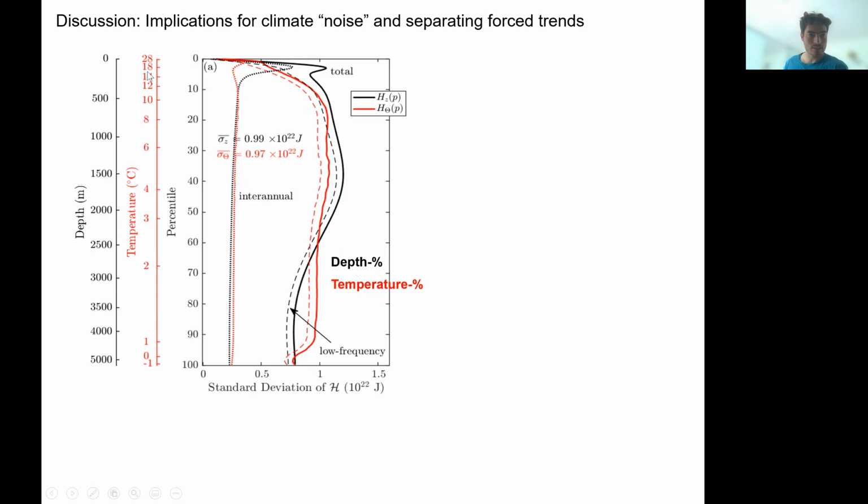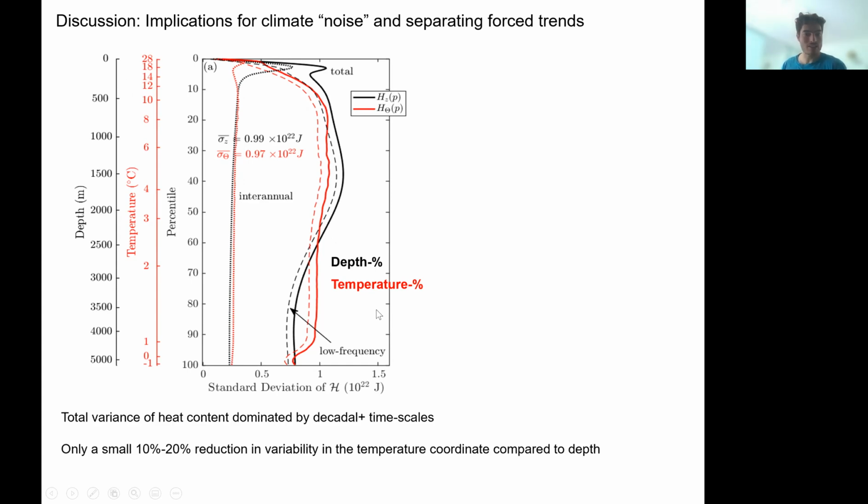The Palmer analysis that I highlighted in the introductory slide is basically picking out this 14 degrees Celsius or 220 meter depth surface here. The main point is that the total variability is dominated by decadal to centennial signals, the dashed red and dashed black lines. Consequently, there's only a small reduction in the variability when we go to the temperature coordinate, because of how diabatic those low frequency signals are.